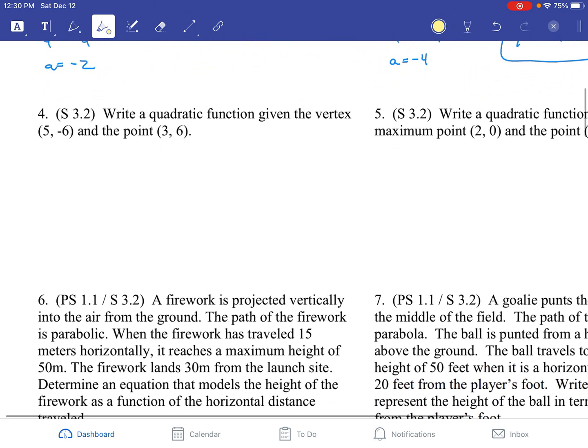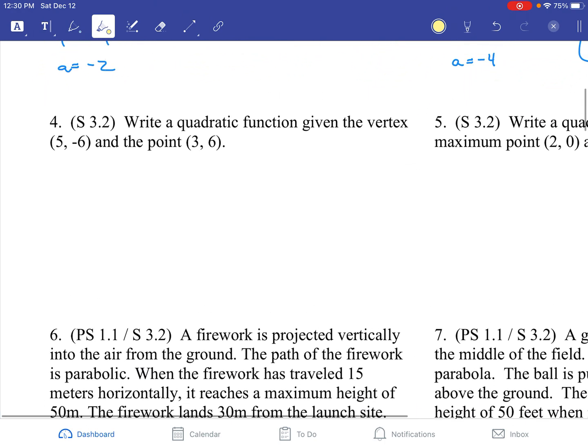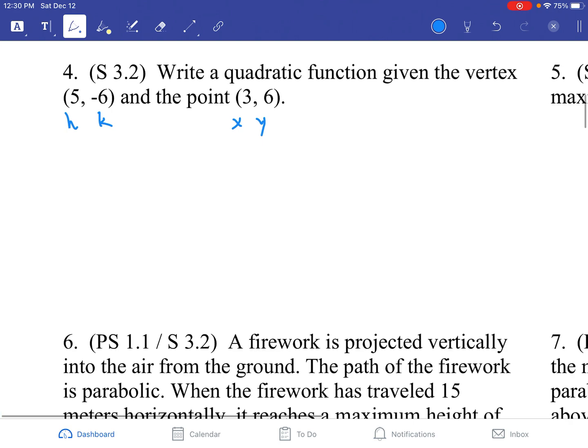All right, number 4, same idea. We have h and k, x and y. So we start off with 6 is equal to a times 3 minus 5, quantity squared, minus 6.